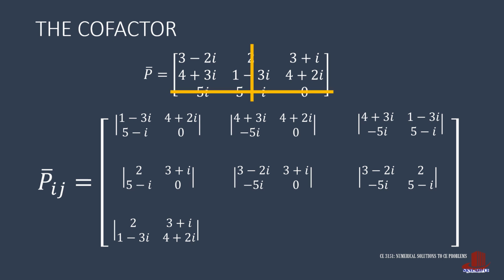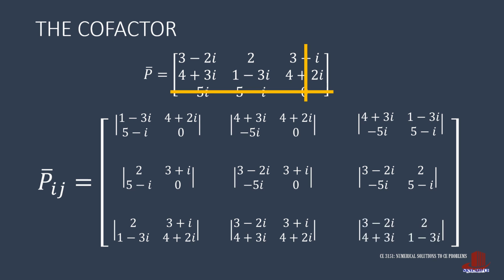Element 3, 2 contains 3 minus 2i and 4 plus 3i, with 3 plus i and 4 plus 2i, when row 3 and column 2 are covered. Complete the minor matrix by covering the third row and third column, thus leaving 3 minus 2i and 4 plus 3i with 2 and 1 minus 3i.